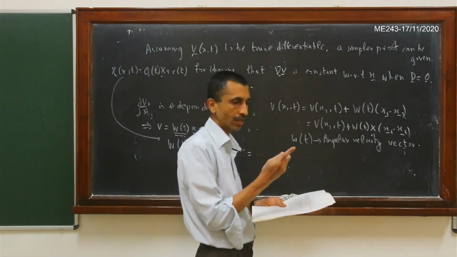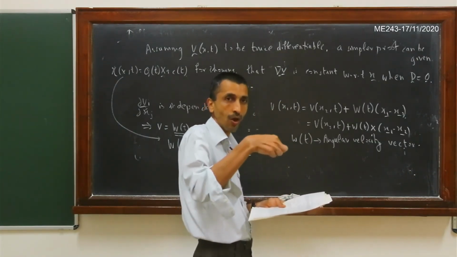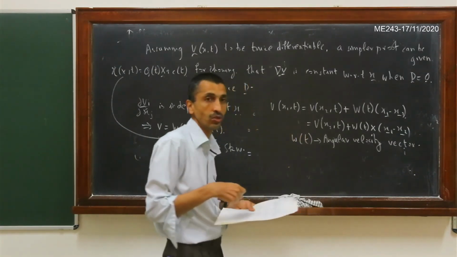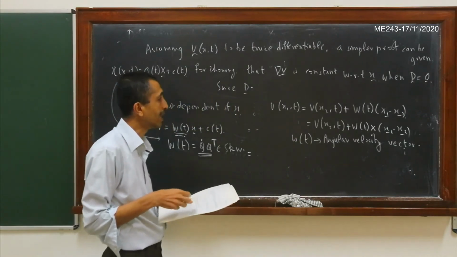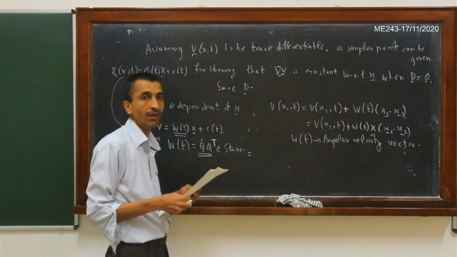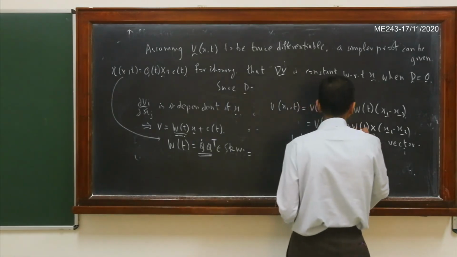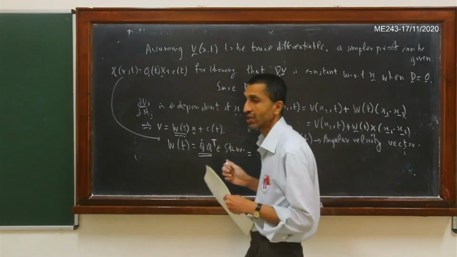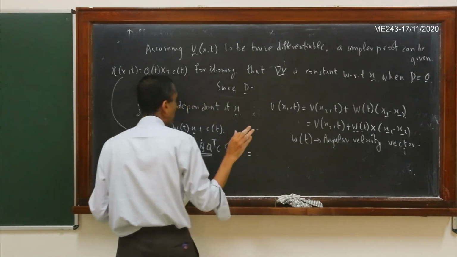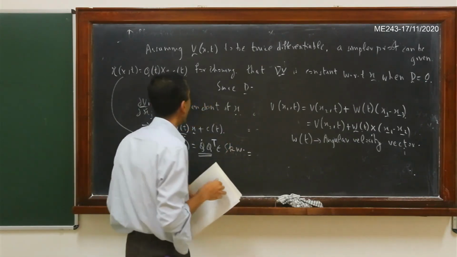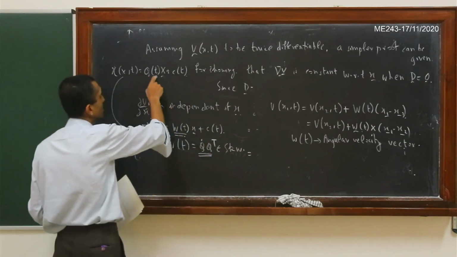In those kinds of situations where a very complicated 3D motion is involved, finding the angular velocity vector may not be such a trivial task. So the systematic way of finding the angular velocity vector would be that you first find out what this Q(t) is, right?